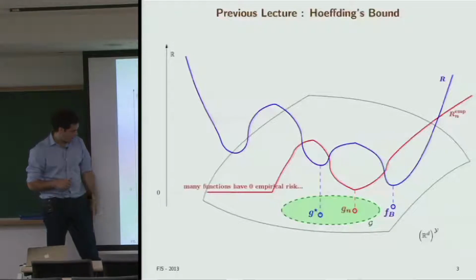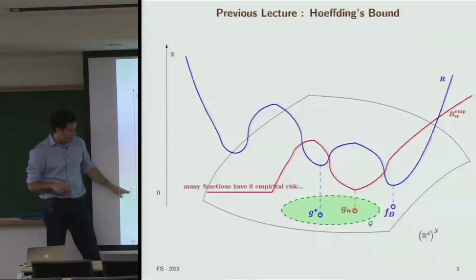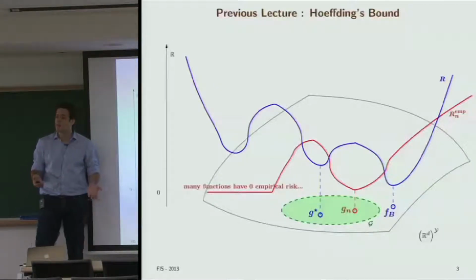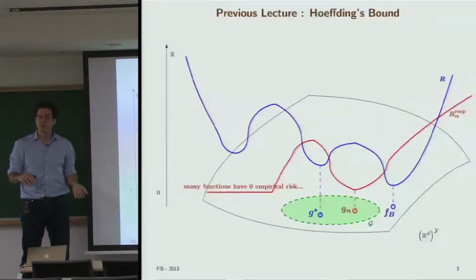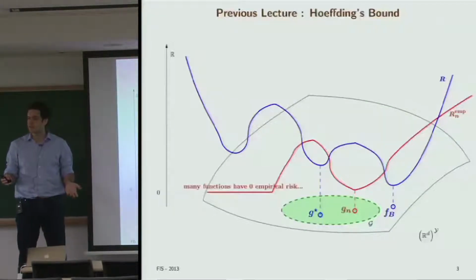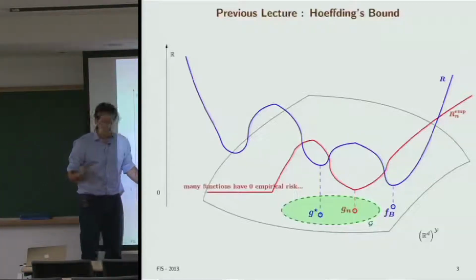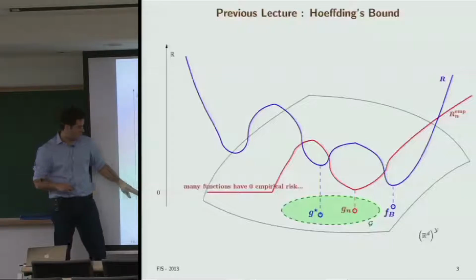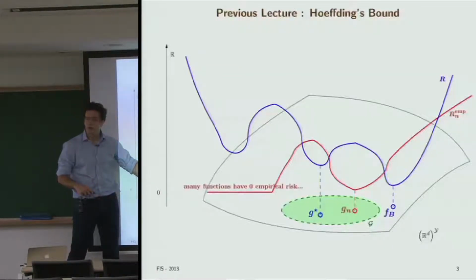Here I have put in a line at 0 to insist that if you look at all possible functions from R^d to Y, there are many functions that have 0 empirical risk. But those are not good functions. Usually they're overfitting. What I mean by overfitting, intuitively, is that here the empirical error is 0, but the true risk or the true error would be much bigger.